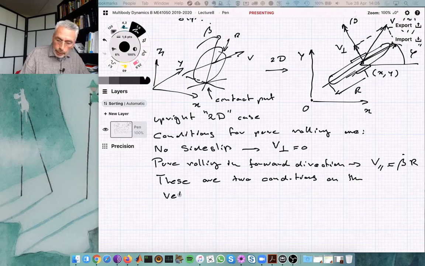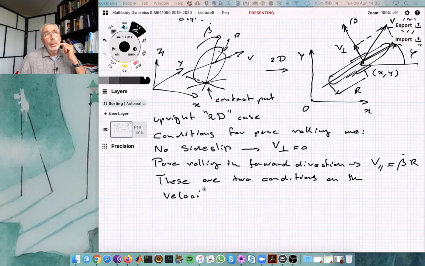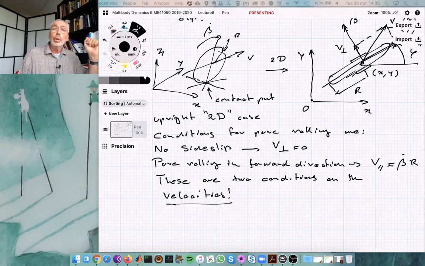And that is an important thing, because up until now, when we wrote down constraints, we always wrote down our condition on coordinates, that pieces had to stay together, or that they had to be in contact with the plane. But now we have them not in the coordinates, but in the velocities, and maybe also in the coordinates and in the velocities.